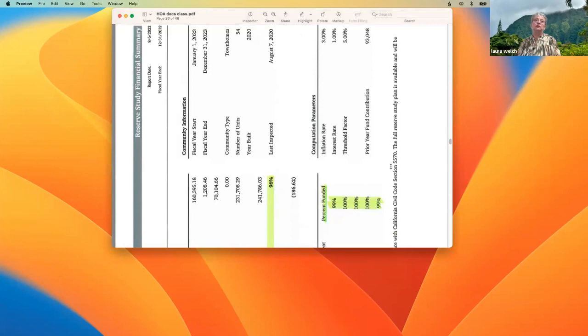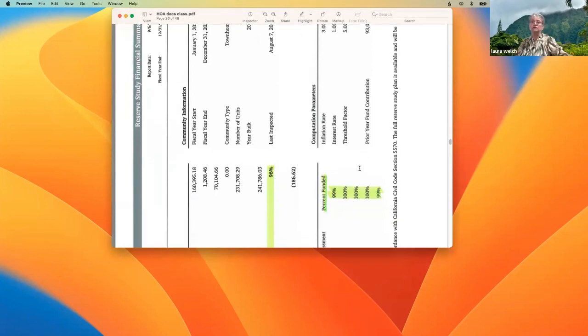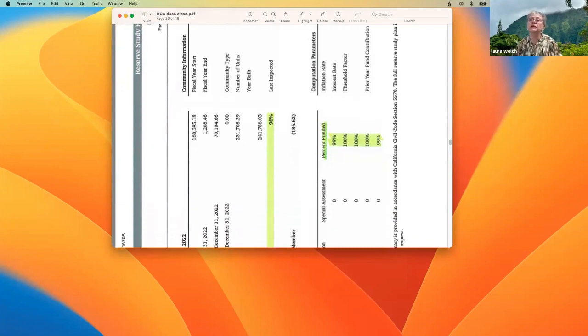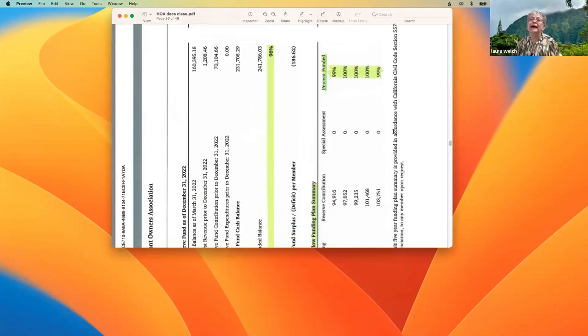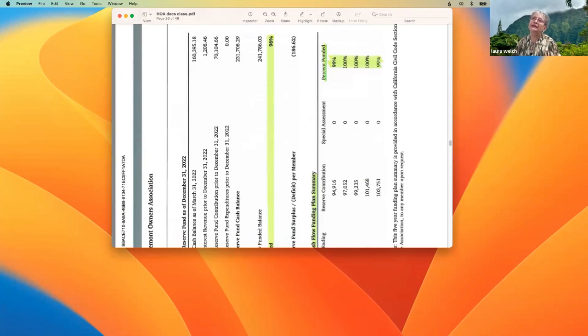Okay, we're going to be looking at several reserve studies. Now this is what you would love to see on a reserve. 96% funded, 100% funded. I mean, this is a dream. This is a very well-run HOA. And that makes my heart go, woo, because this is well funded.